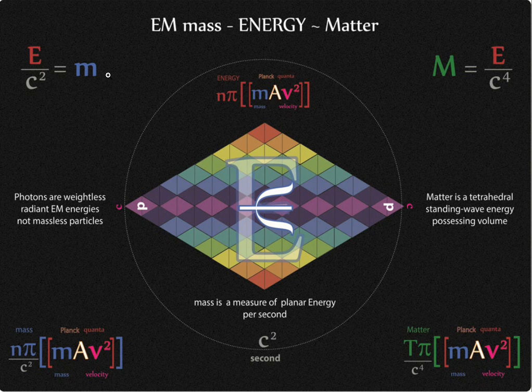In Einstein's equation it's still okay to express mass energy equivalent in terms of the speed of light, because energy propagating in a matter standing wave propagates at the natural velocity of energy, or c, and to measure the mass content of any EM wave or any energy field that's propagating per spatial system, we measure a Euclidean system of per second or per c squared, which gives us a measurement of mass.